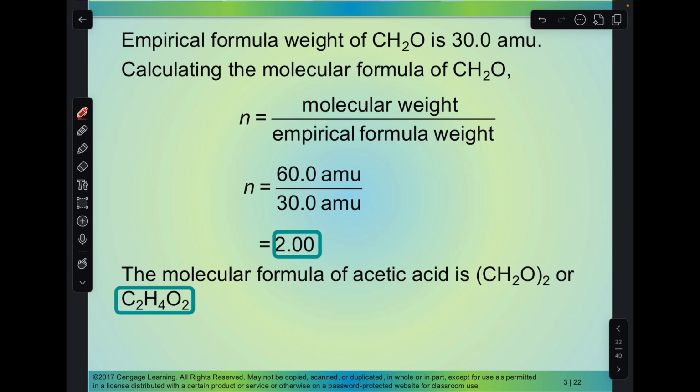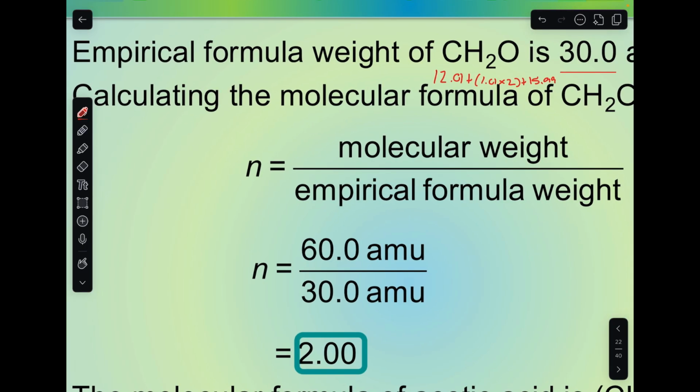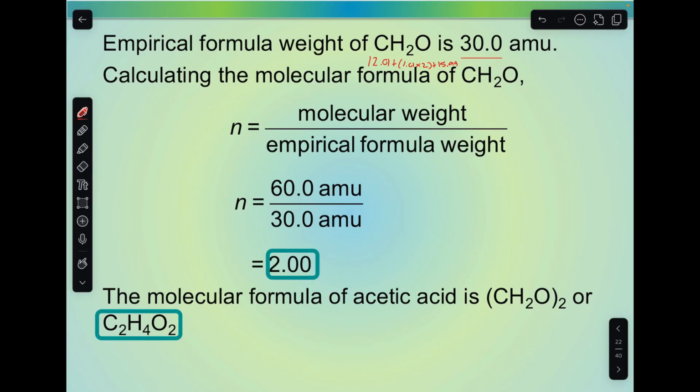And so if we know that the formula weight of CH2O is 30, because we can add 12.01 plus 1.01 times 2 plus 15.99 to get 30, then all we have to do to find what we need to multiply each of these numbers by is n.